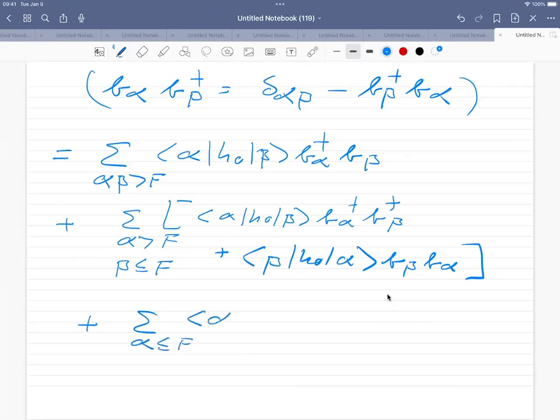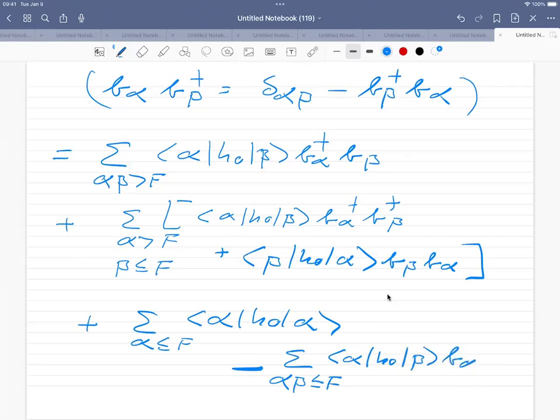And then I have my alpha of H0 of alpha minus a sum over alpha beta less than or equal than the Fermi level of alpha of H0 of beta. And then I have a B beta, sorry, dagger of B alpha. So everything is now written in terms of a normal order form.